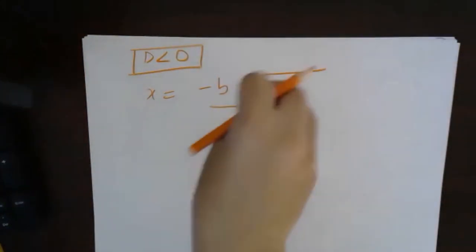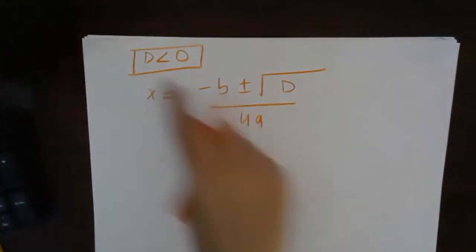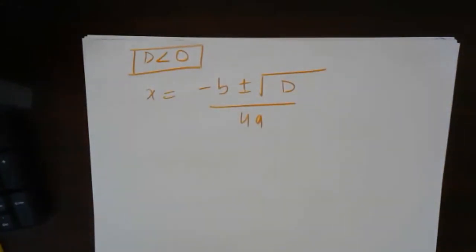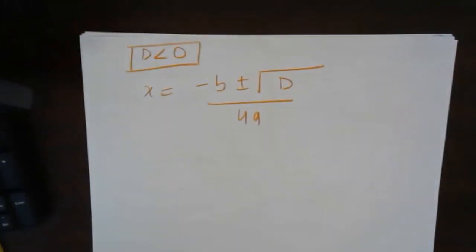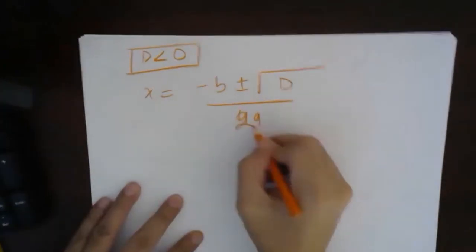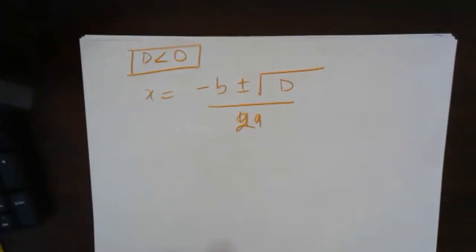So why are we getting d negative? Have you thought about it? If we have not made any mistake, have we made any mistake in the derivation? If we are getting a root of a negative, that means we have made some mistake in the derivation.